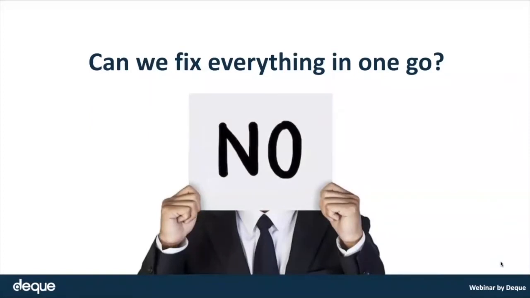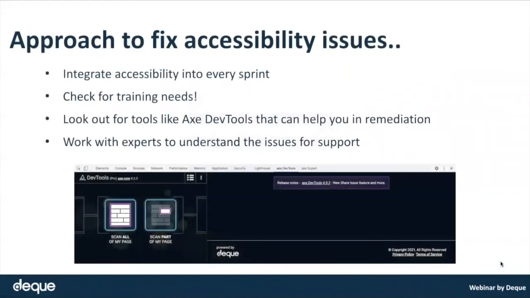You might be fixing an accessibility issue, but you might be introducing two more issues into your code. So it is an iterative process. It is not going to be one go. It is definitely an iterative process that you need to follow to ensure that all your issues are fixed.